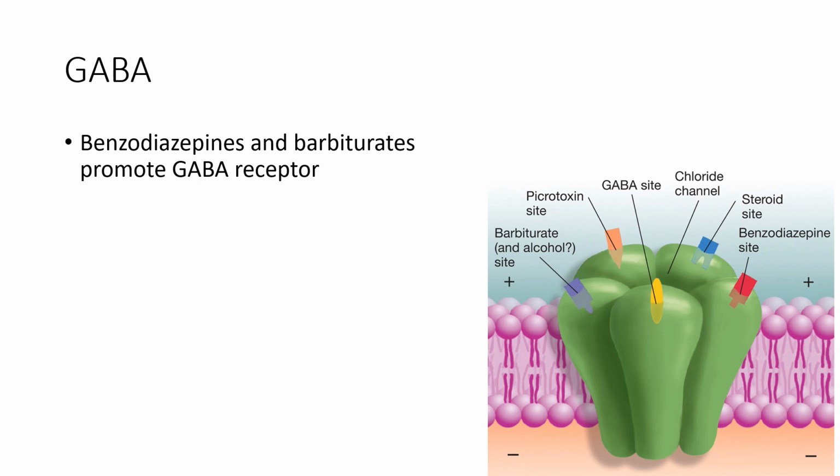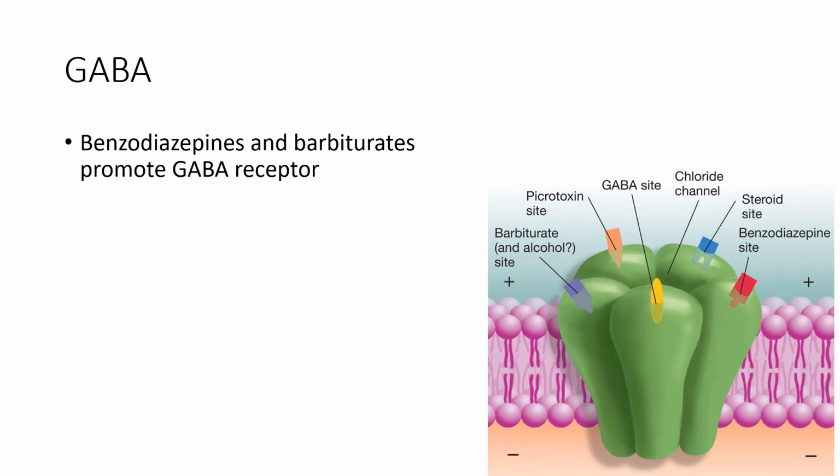The main site is for GABA itself, but there are also other sites that will affect this GABA receptor as well. If you remember when we discussed benzodiazepines and barbiturates in a previous lecture, these are classes of drugs that have been given in the past, or even more recently, benzodiazepines for anti-anxiety medication.